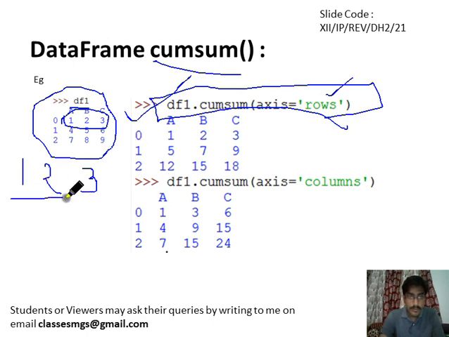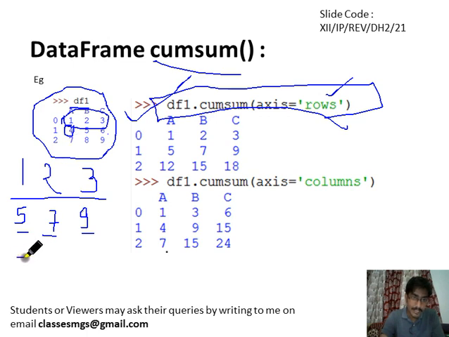Then for the subsequent rows, at this position, 4 plus 1, what will be the value, 5. For this position, 5 plus 2, the value is 7. For this position, 6 plus 3 is 9.